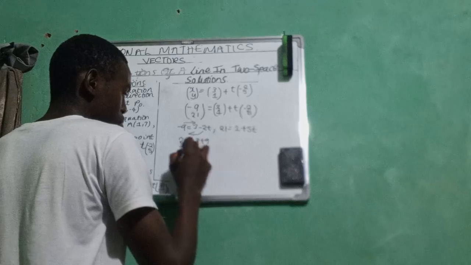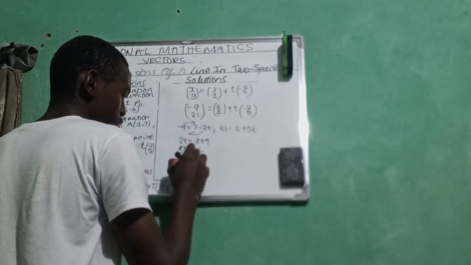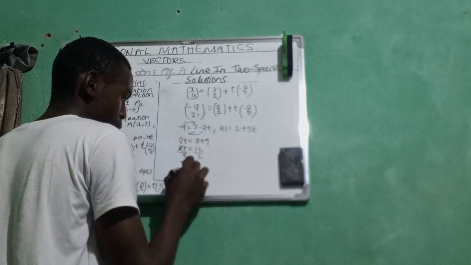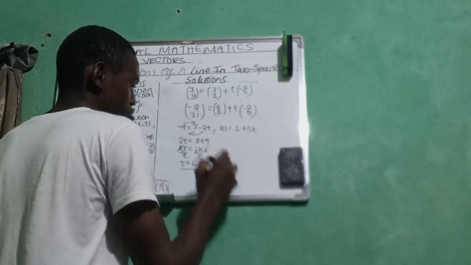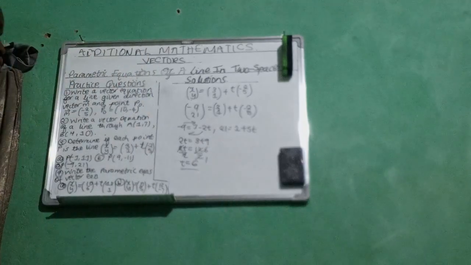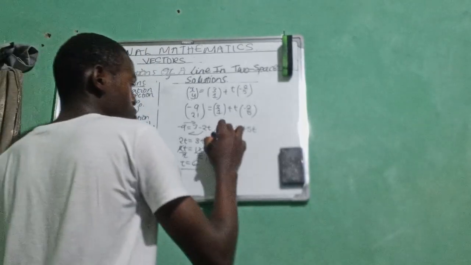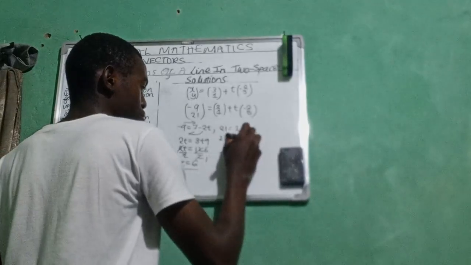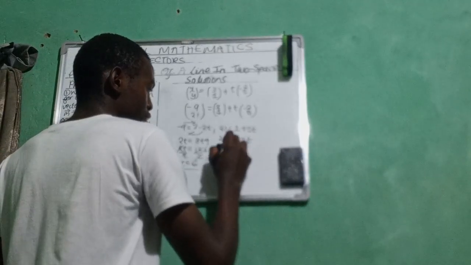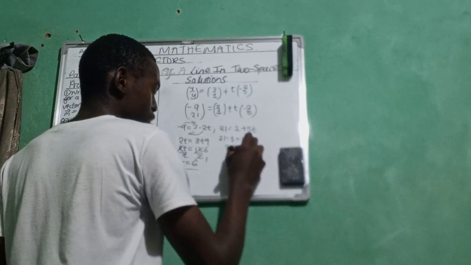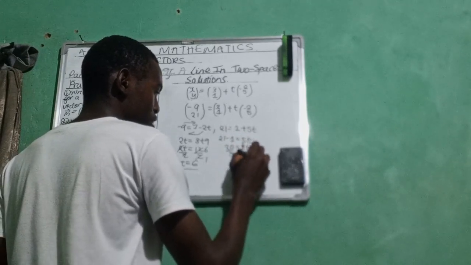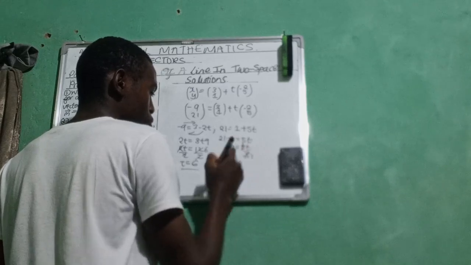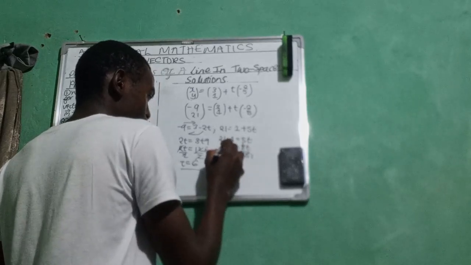Divide by 2. t is equal to 6. 2 can go into 12 six times. And then we're going to have 21 minus 1 is equal to 5t. Then 20 is equal to 5t, divided by 5. 5 can go into 20 four times.